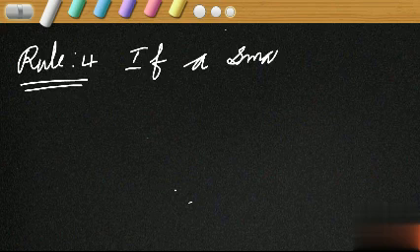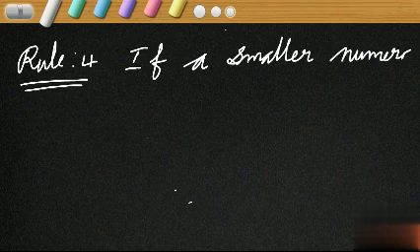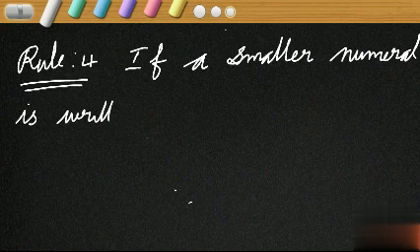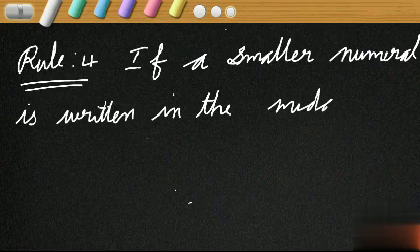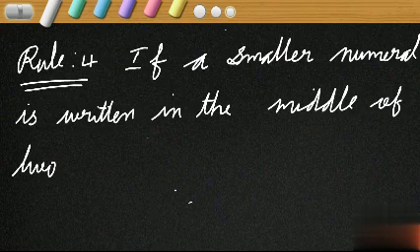If a smaller numeral is written in the middle of two greater numerals, that is our fourth rule.